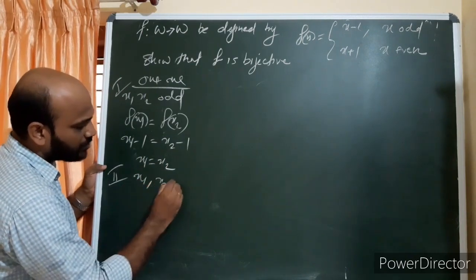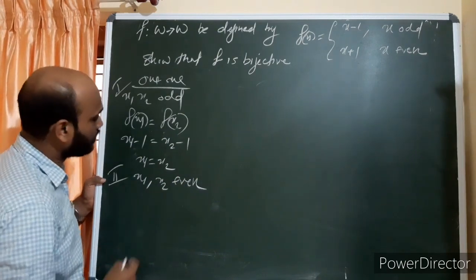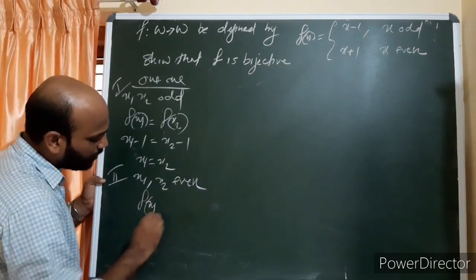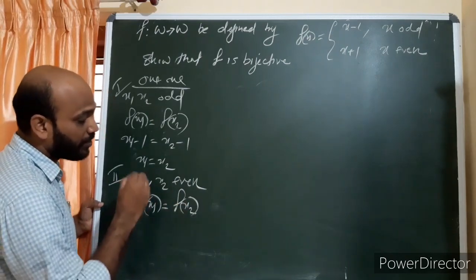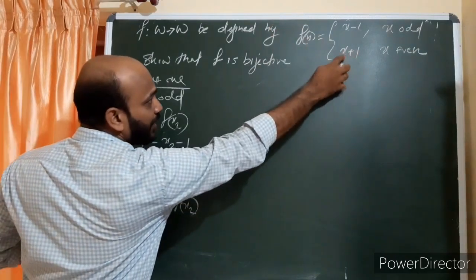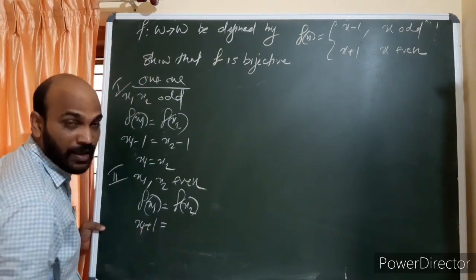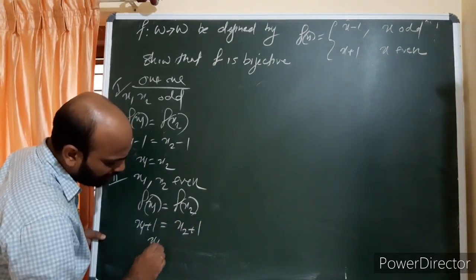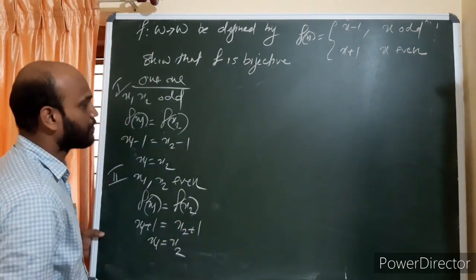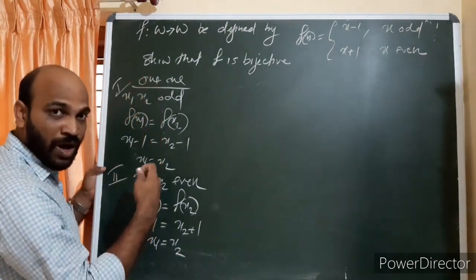Both x1 and x2 are even, such that f of x1 equal to f of x2. Since x1 and x2 are even, you have to go for the second definition. That means f of x1 will be x1 plus 1 and f of x2 will be x2 plus 1. So clearly x1 is equal to x2. So just like the last question, case 1 and case 2 are okay.